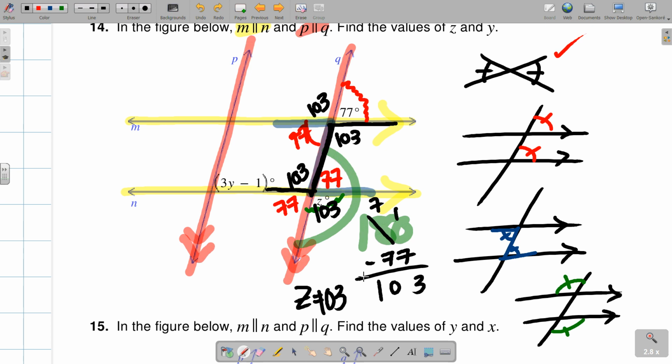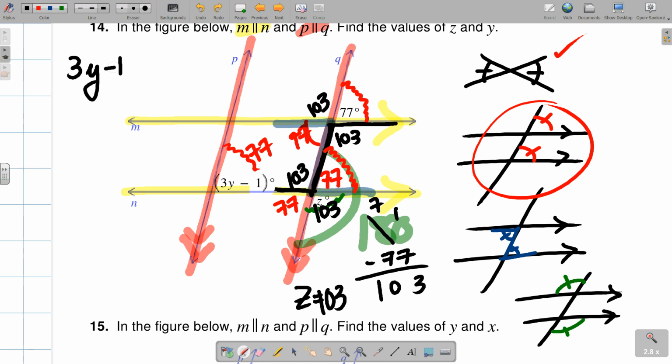Taking a look this way, I see that if this is 77, then this is also 77. Why? It's corresponding angles. So I just now figured out that 3y minus 1 is going to equal 77 degrees.